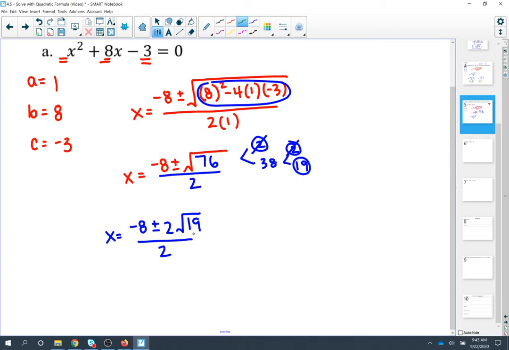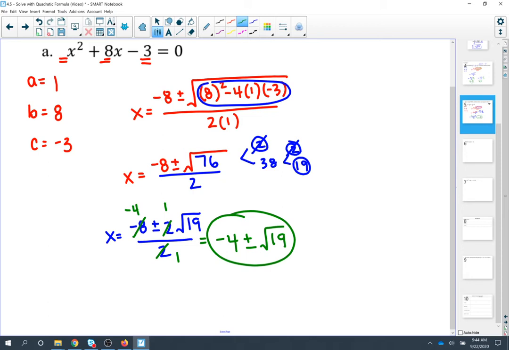And remember, when it comes to square roots, insides with insides, outsides with outsides. So you cannot divide the 19 by 2, but you can divide his coefficient by 2. So if I divide this by 2, I get negative 4. If I divide this by 2, I get 1. If I divide this by 2, I get 1. So we have negative 4 plus or minus 1 times the square root of 19, which these are your solutions.